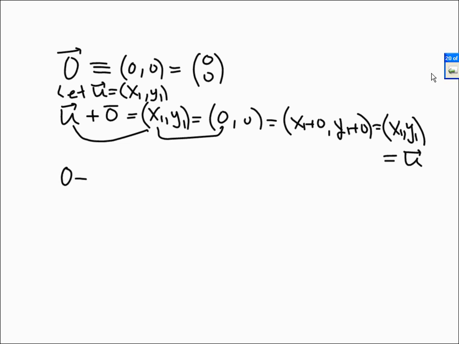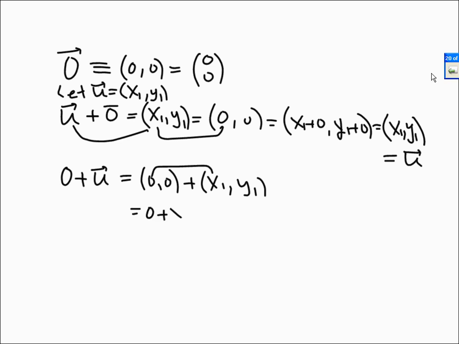And likewise, if you had 0 plus u, you have 0, 0 plus x1, y1. You add the first components, comma, you add the second components, and 0 plus x1 is x1, 0 plus y1 is y1.